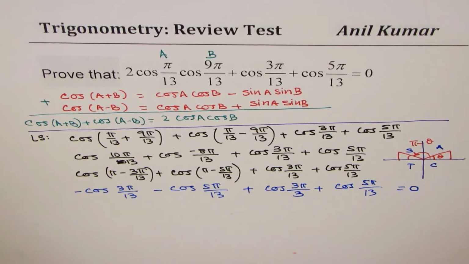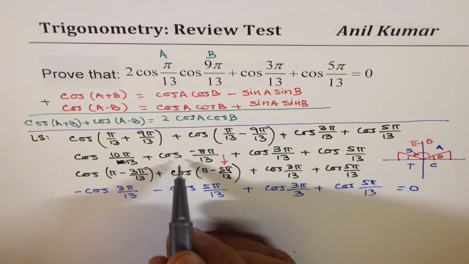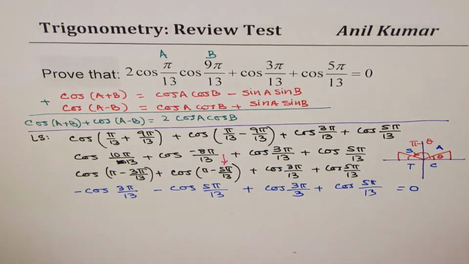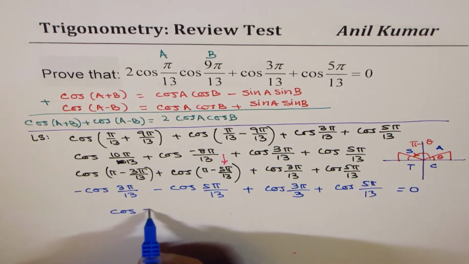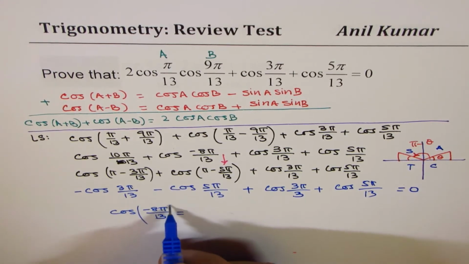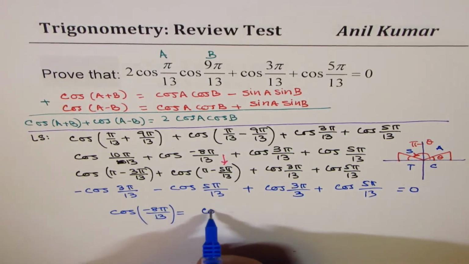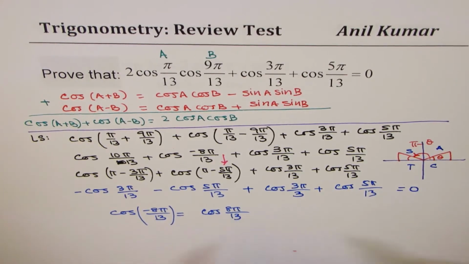Now the question for you is, how did I come from here to this place? Let me just show you separately, as it might be a confusion. When we say cos of minus 8 pi by 13, it is also equal to cos of 8 pi by 13, since cos is an even function, right?